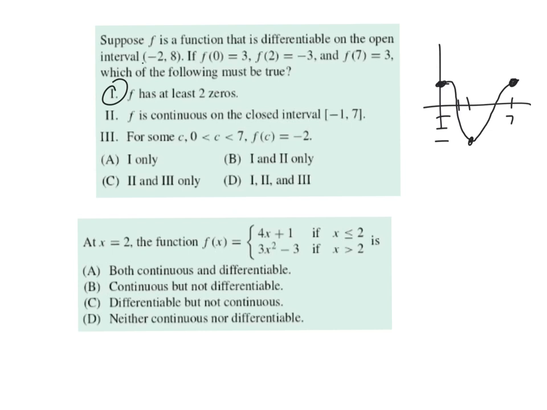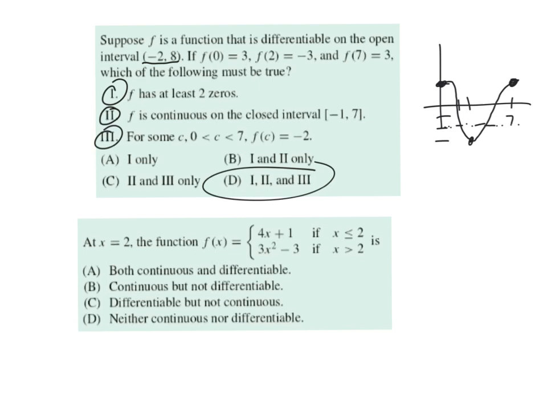It's telling me it's differentiable from -2 to 8, so that is also true. And for 0 to 7, we have to hit -2 at some point. That is also true. Again, because it's differentiable, it's continuous. So we're going to hit, from 0 to 7. Just checking. Yep, that does work. So 1, 2, and 3.